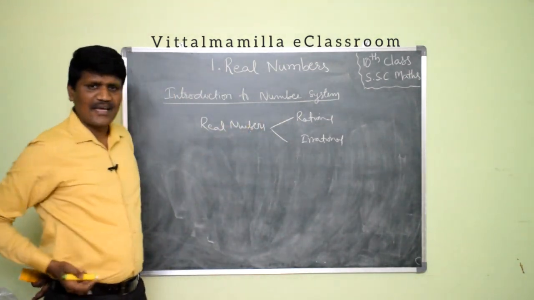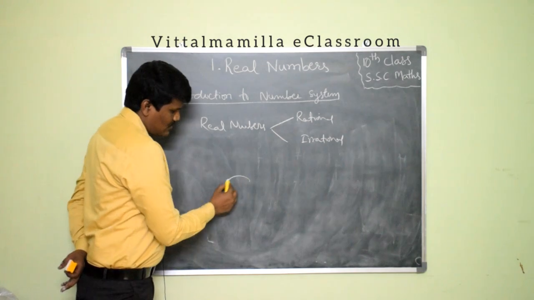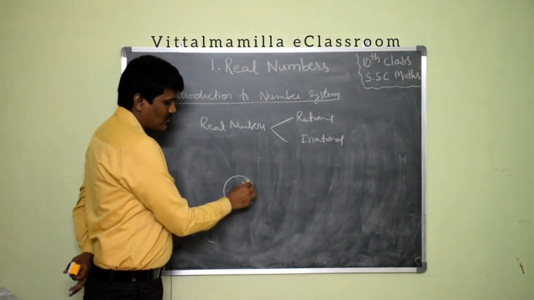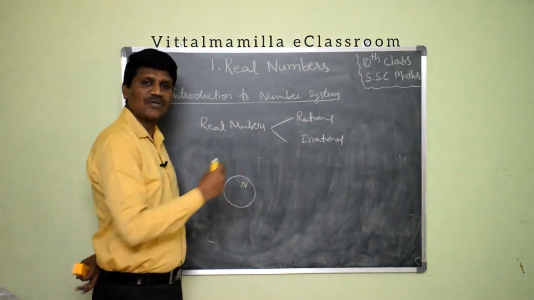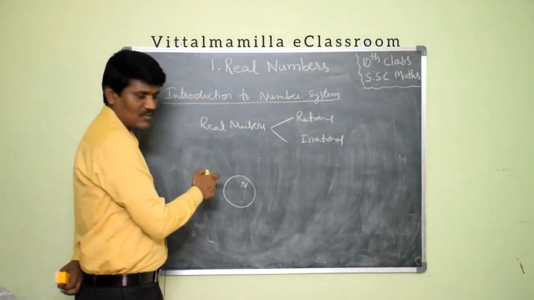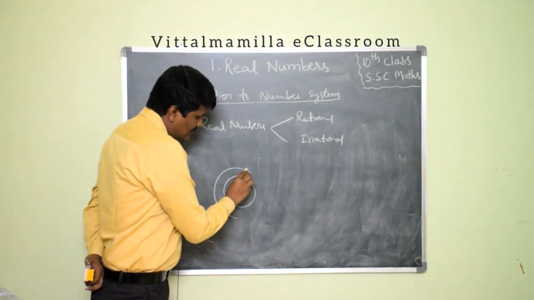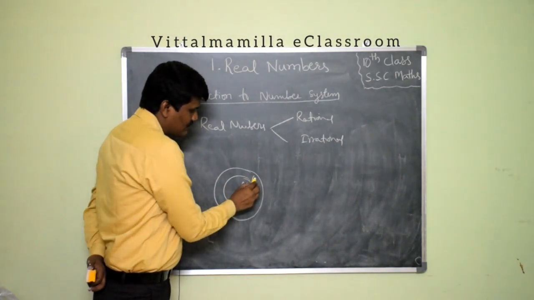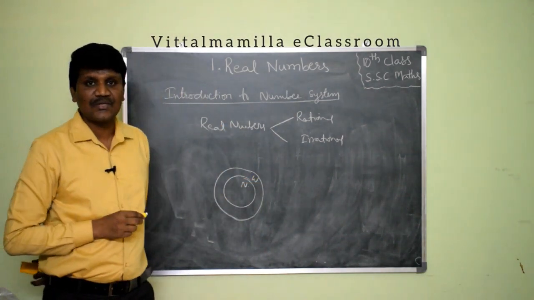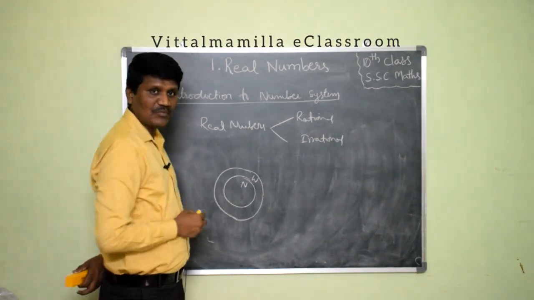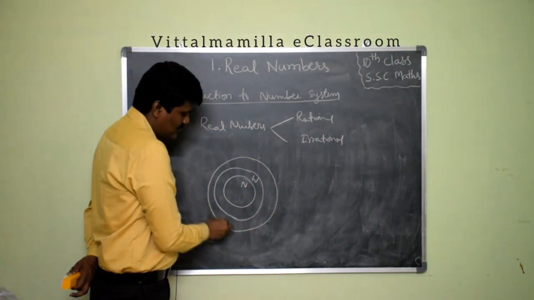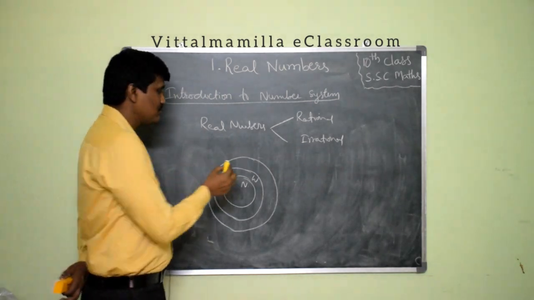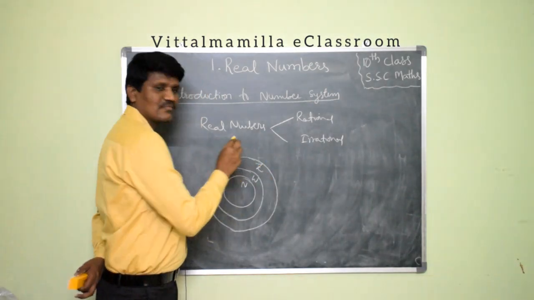So if you see in the diagram, first this is natural numbers. Natural numbers are 1, 2, 3, 4, the countable numbers. If you add 0 to the natural numbers, it becomes whole numbers. Next, if we add negative numbers to the whole numbers, it becomes integers.